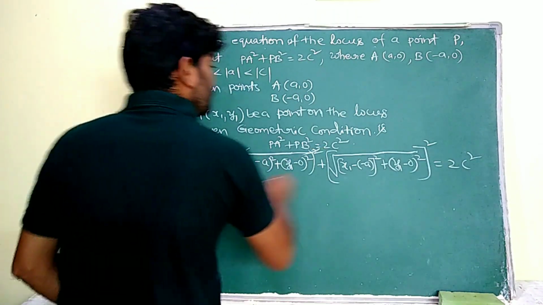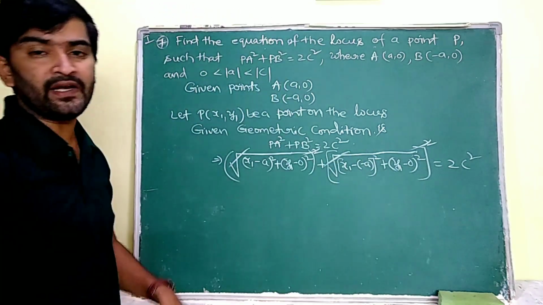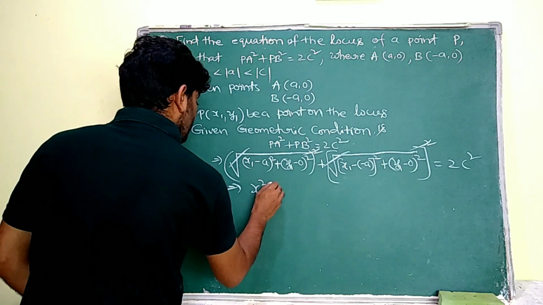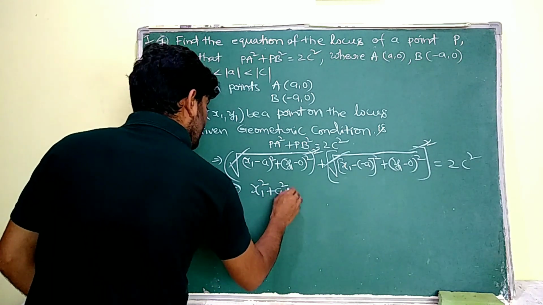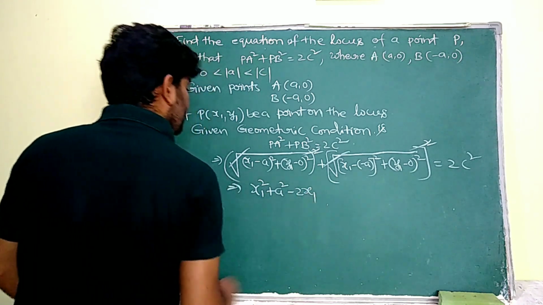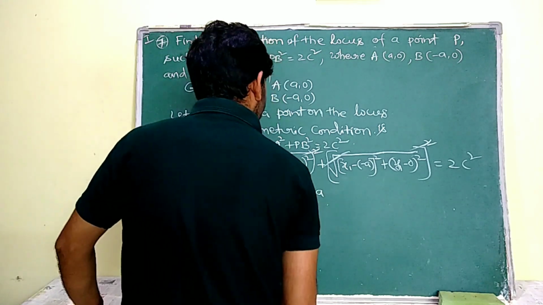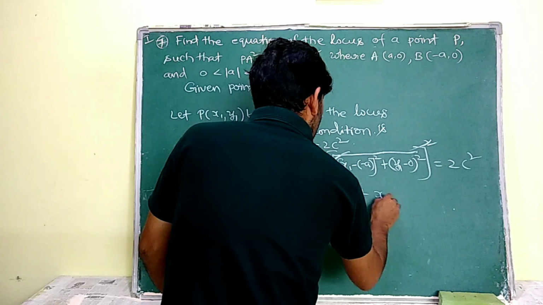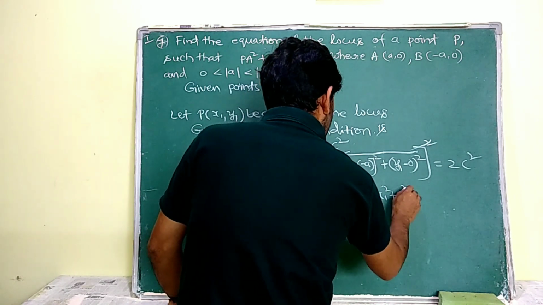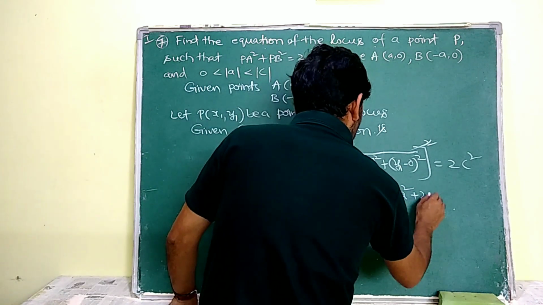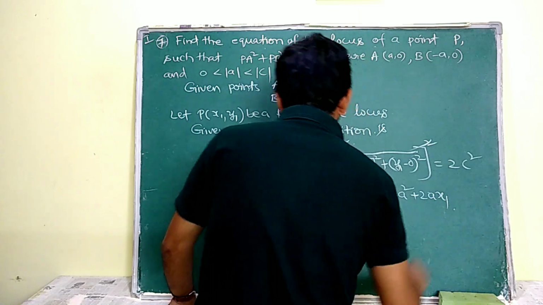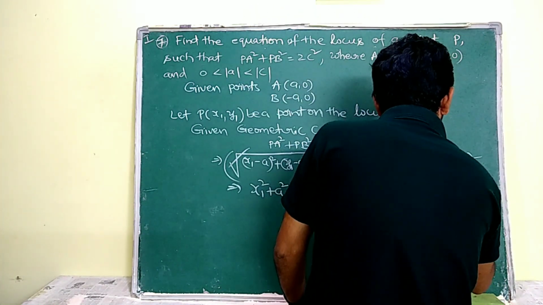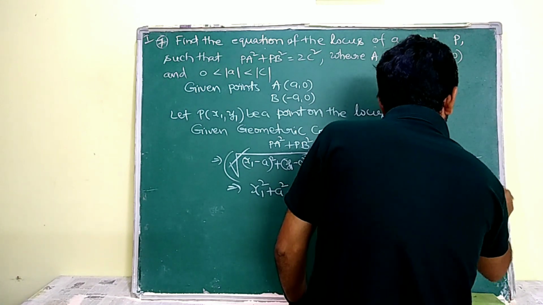Here square and root are cancelled. Now x1 square plus a square minus 2x1 into a plus y1 square plus x1 square plus a square plus 2ax1 plus y1 square is equal to 2c square.